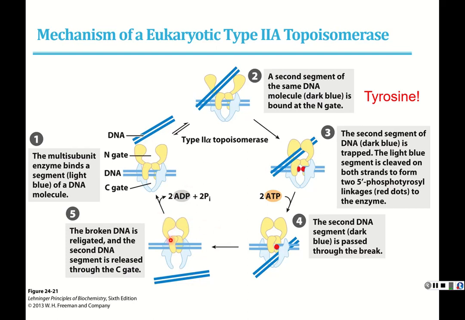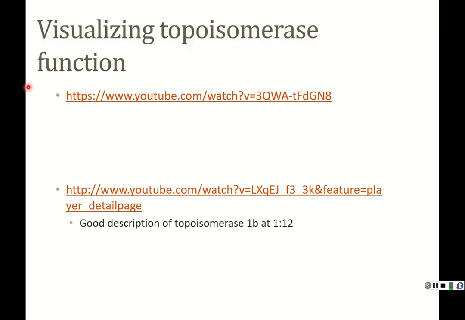And because we've pulled that through, we have actually changed that linking number. Okay, and again, tyrosine is the residue in the active site there. Right, if you want to visualize the functions of these topoisomerases, there are links here you can view.